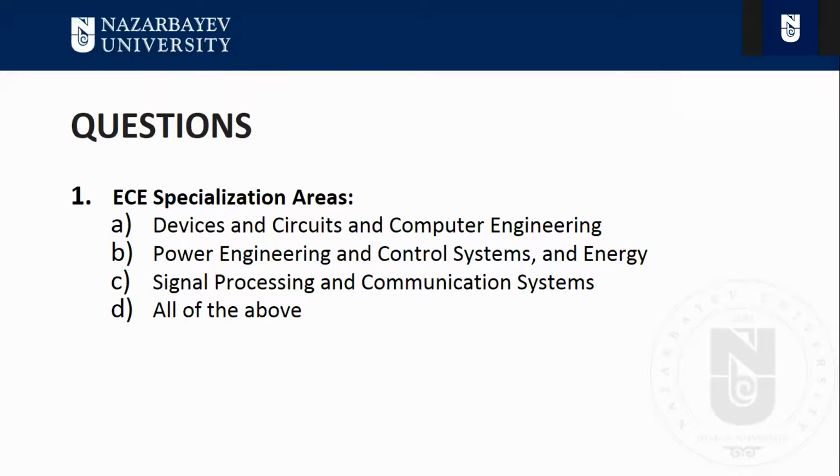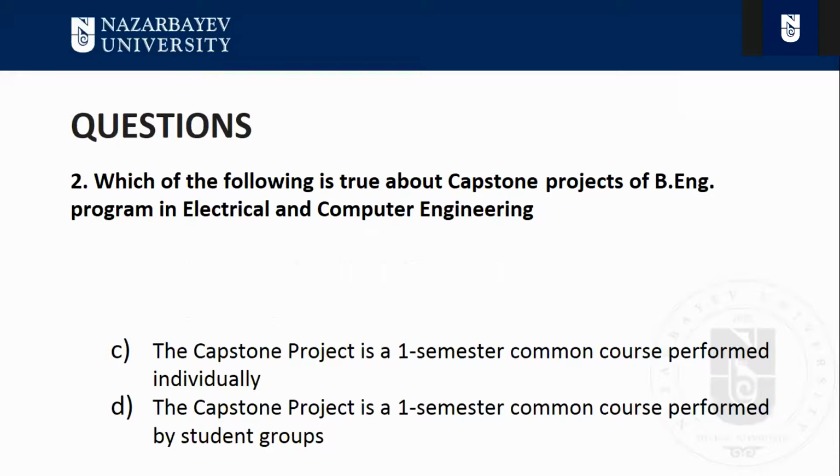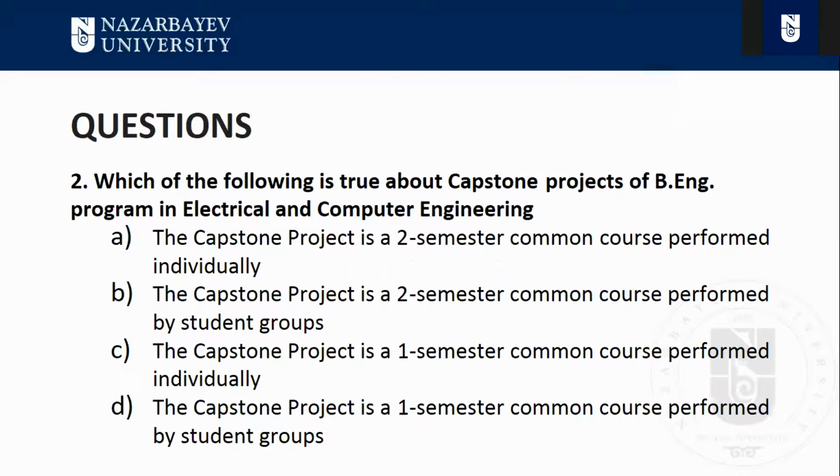The next question: which of the following is true about the capstone project for the bachelor degree? Write all the 5 answers in one message. It will be really useful for us to find out who was first.